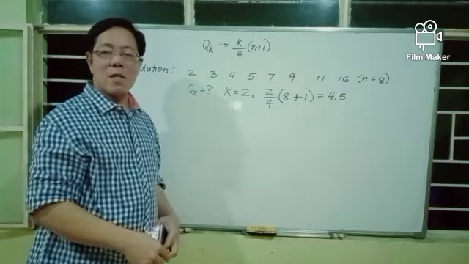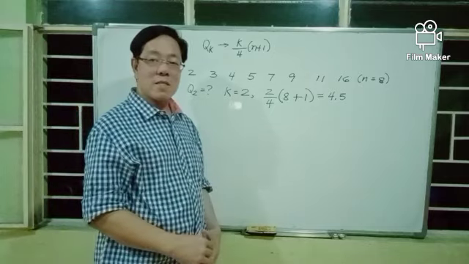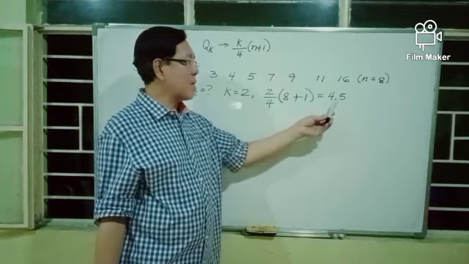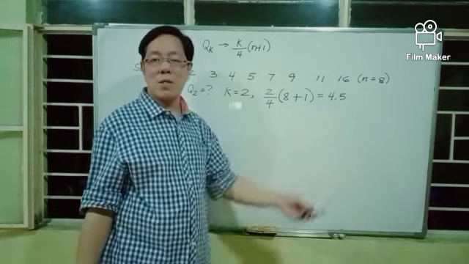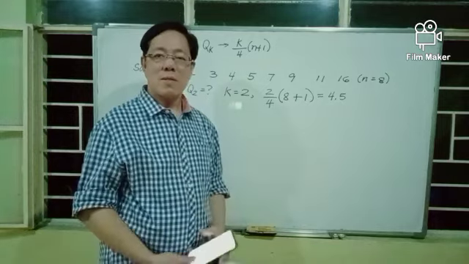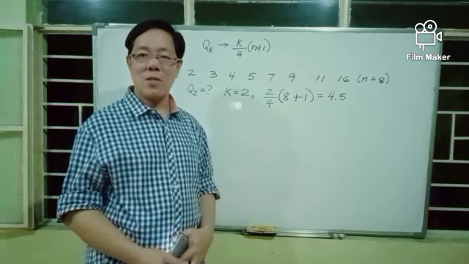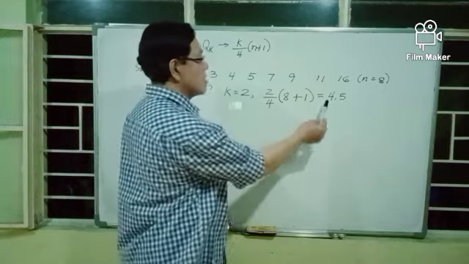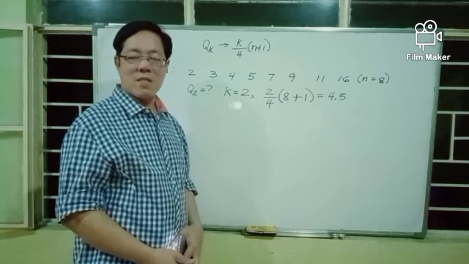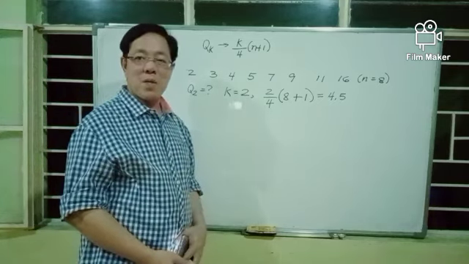Again, you take the integers that are less than 4.5 and greater than 4.5, but those integers must be closest to 4.5. What is the greatest, the largest positive integer or whole number that is less than 4.5? It is 4.